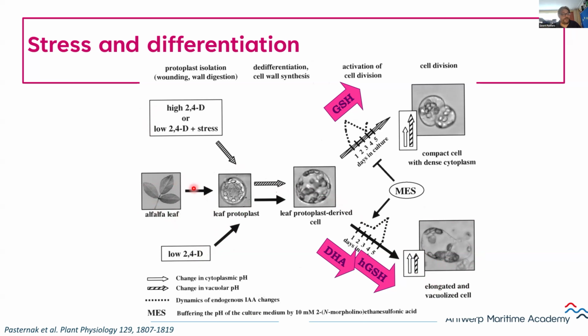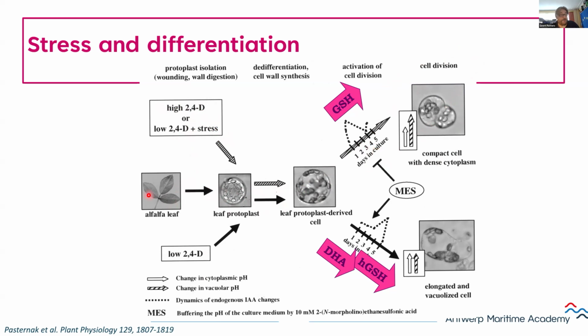If we gave these plant cells a high level of auxin hormone, they would become a very compact cell that looked like a non-differentiated cell, a plant cell that we could give a new function later on. And then the trick became, if we gave the control level of auxin, and instead of high auxin levels, we gave them a form of stress, iron stress, salt stress, and so on, we could again push them to become non-differentiated cells.